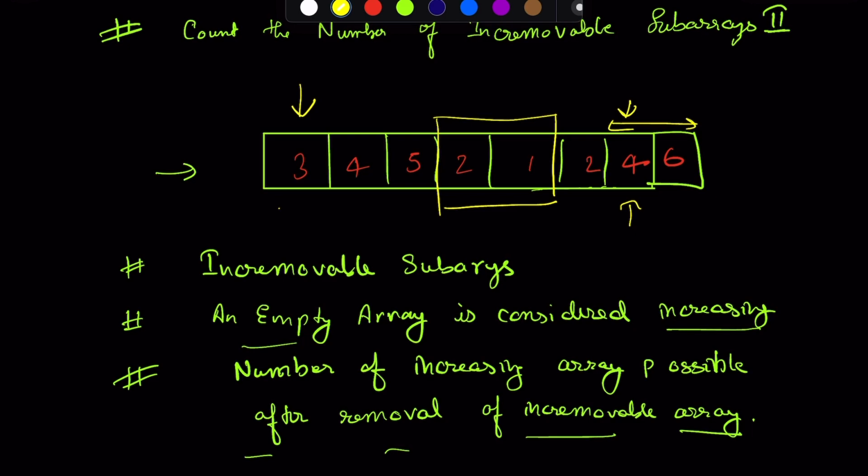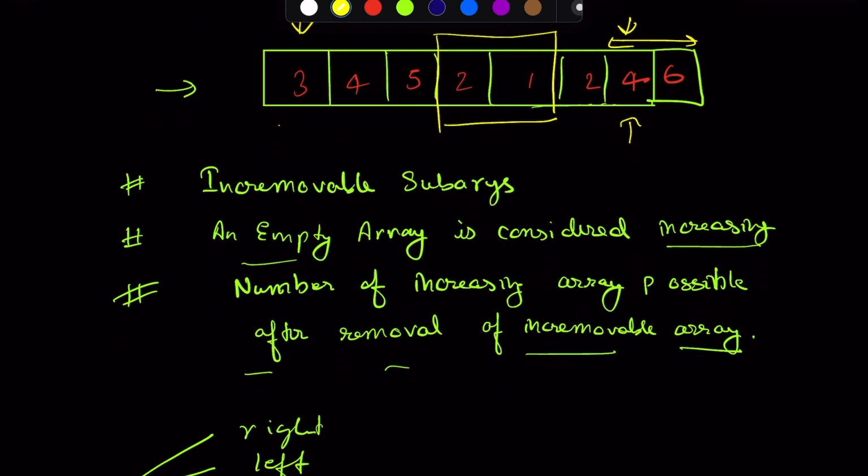So in other words, if we know only the first index from where the right is greater than the left, we just need to add all the numbers to the right of it to find all possible increasing subarrays which we can form.